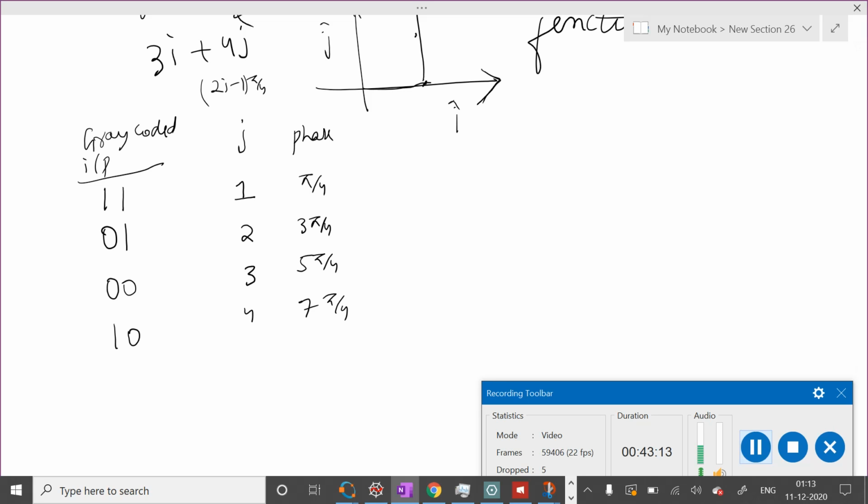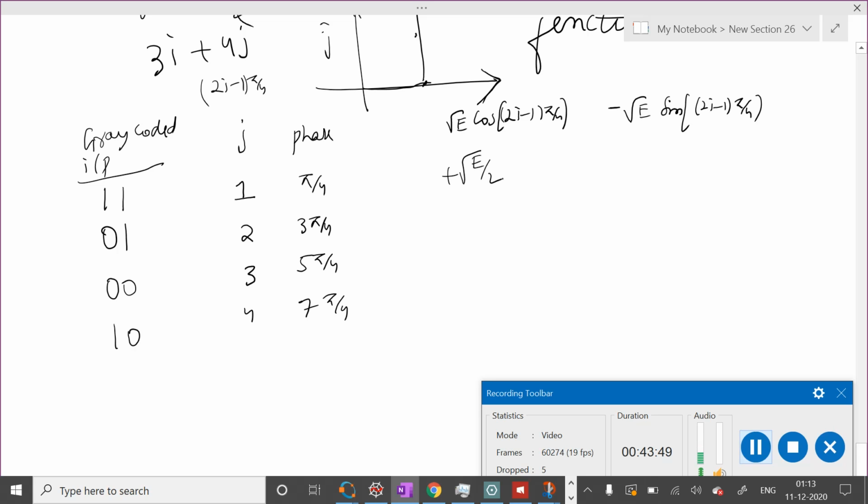So let me write here. The first term is root E cos of (2i minus 1) pi by 4. This is root E, including this sign, root E sine of (2i minus 1) pi by 4. So you just compute it. Cos of pi by 4 is 1 over root 2, so it will be plus root E by 2.